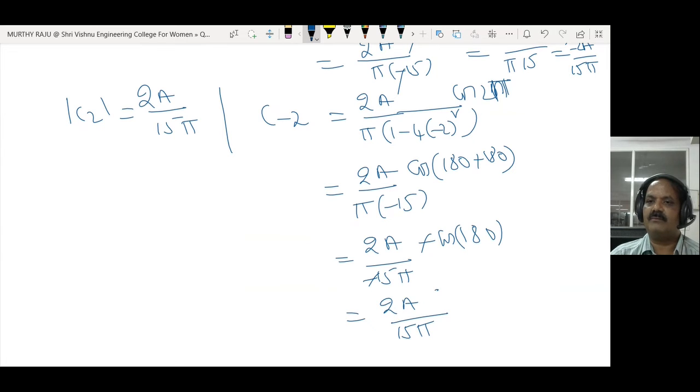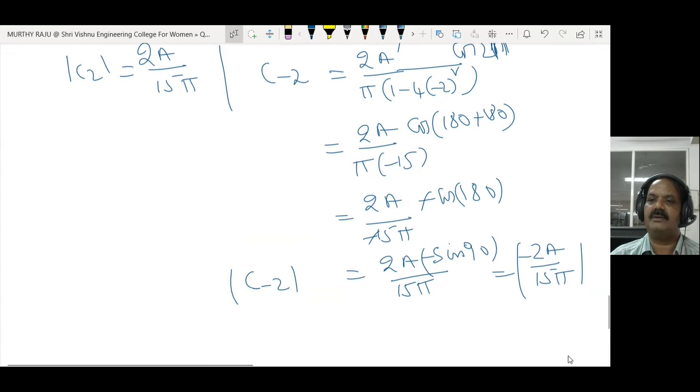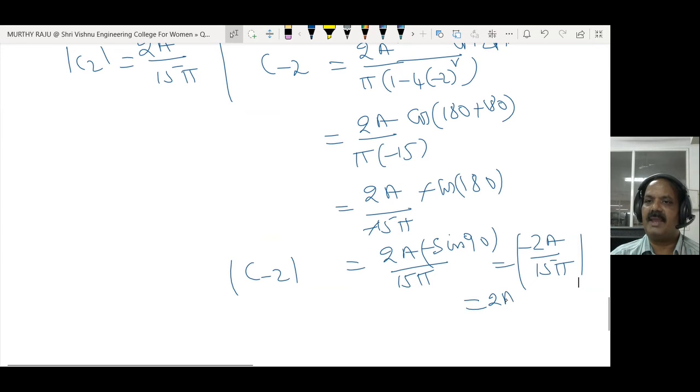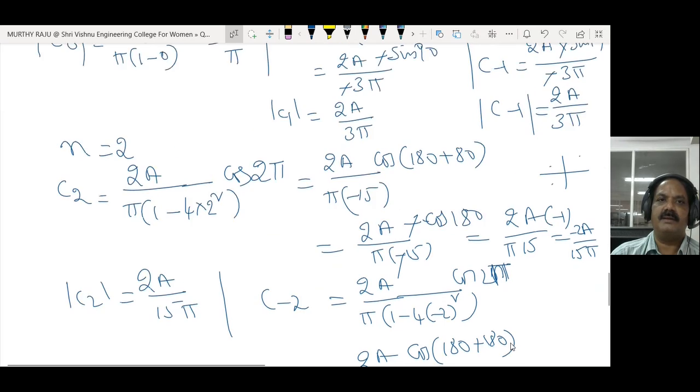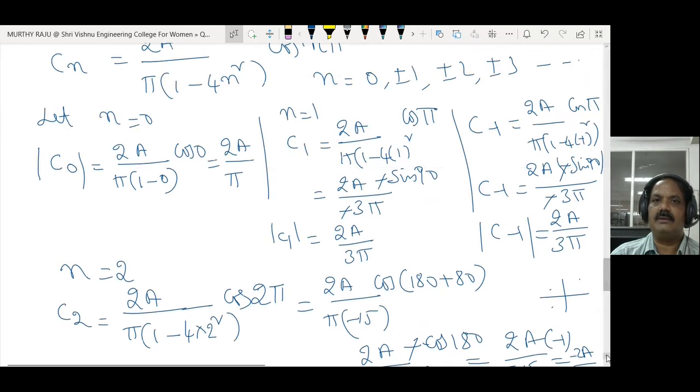Cos of 180 is minus sin 90. Minus 2a by 15 pi. Therefore, the magnitude of C minus 2 is equal to 2a by 15 pi.